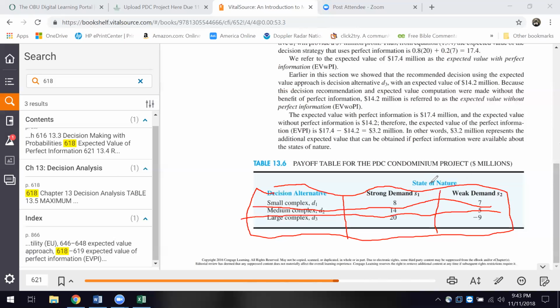Now, the one thing I don't like about this is that we're given, again, this kind of binary choice. The decision alternatives here are fine, but they are infinite.